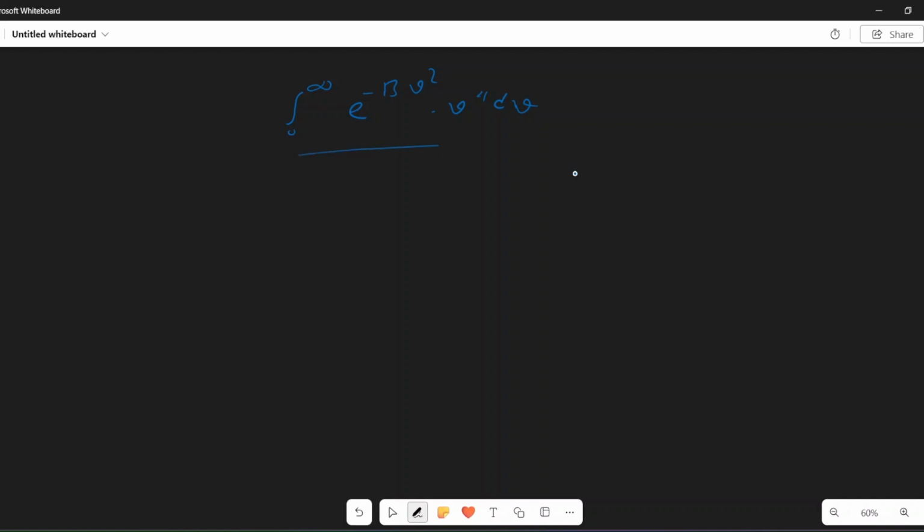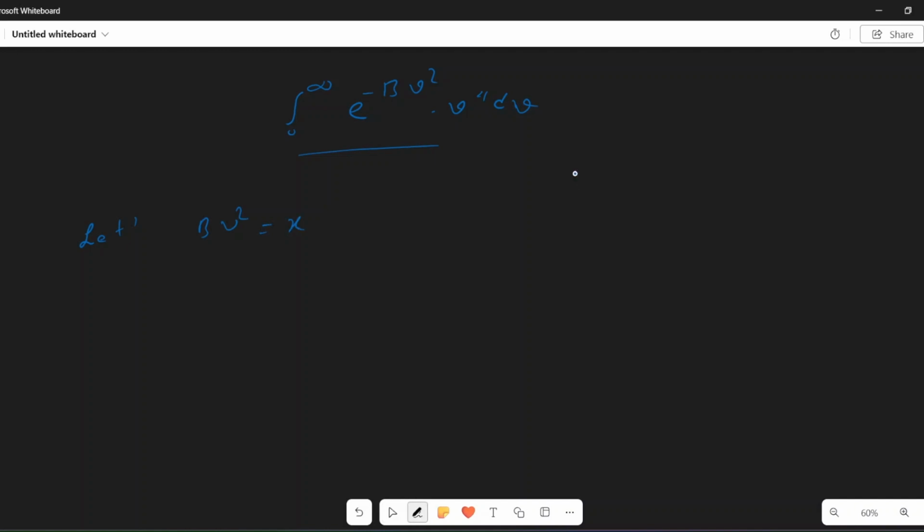To find this, let b v square be equal to x.